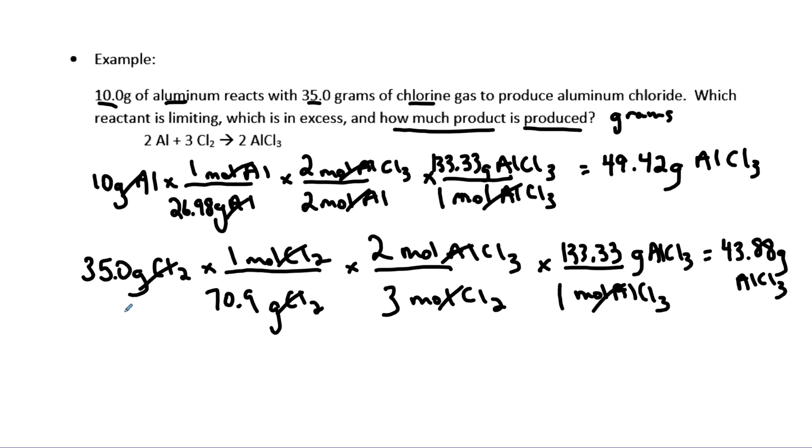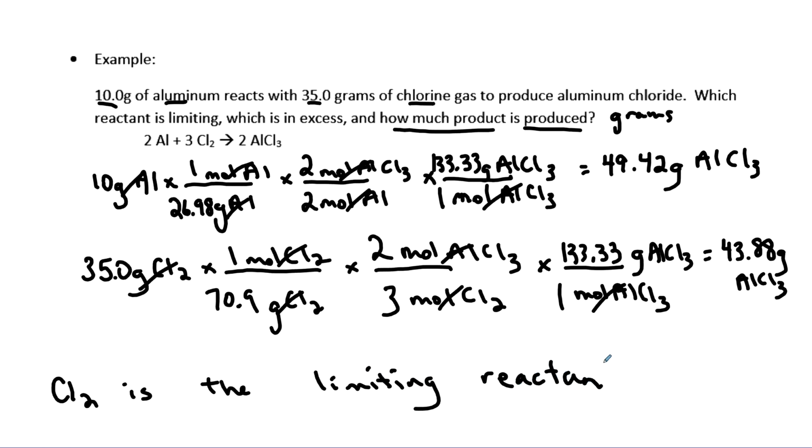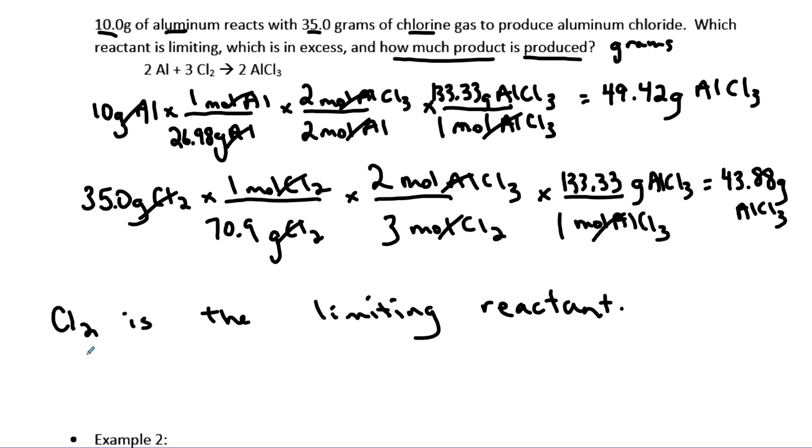So what I want to say then is chlorine is the limiting reactant, which means that aluminum is in excess. So there's going to be some aluminum left over when the reaction's finished.